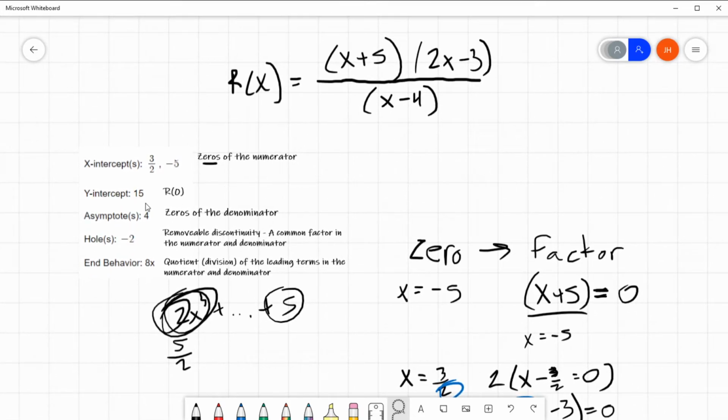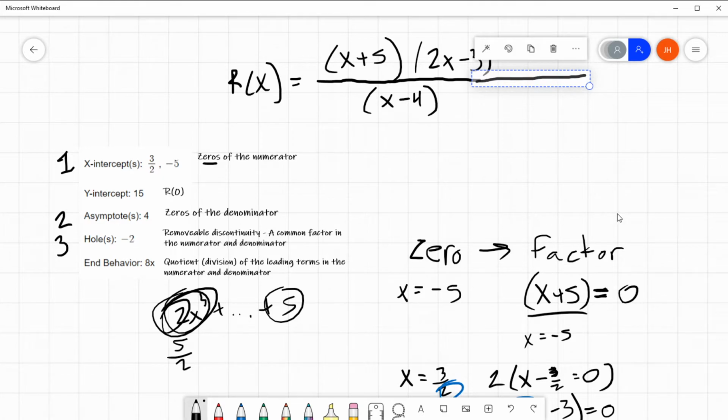Now let's look at this hole. You guys will notice the order I'm going. I first looked at the x-intercepts to give me the numerator. Then I looked at the asymptotes to give me the denominator. Now I'm going to look at the hole to give me the last pieces. Because if you remember, a hole will give me a factor in the numerator and the denominator.